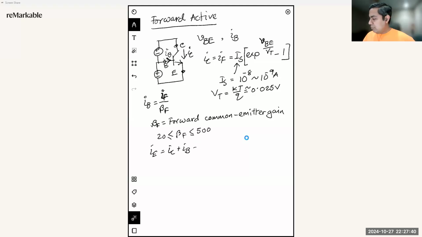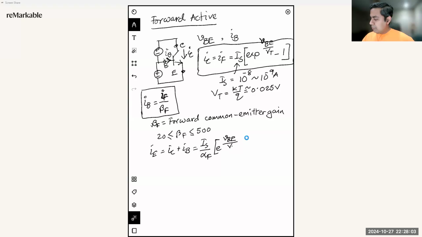If we combine these two equations, the IB equation and the IC equation, we can simplify it as IS alpha F times e to the power VBE by VT minus 1, where alpha F is nothing but the ratio of beta F by beta F plus 1.